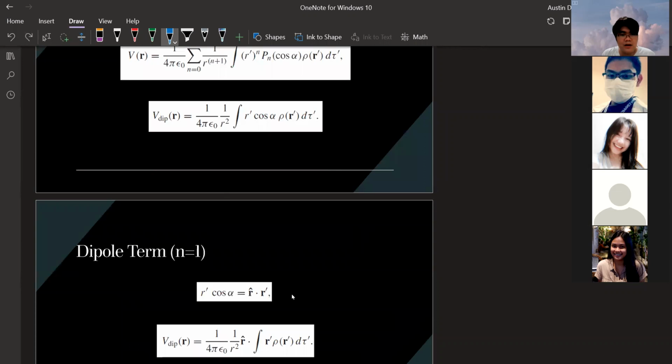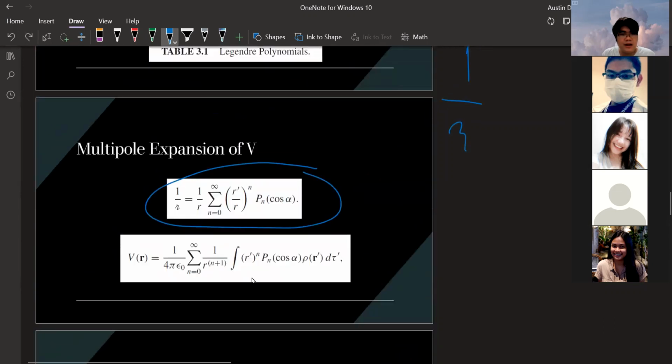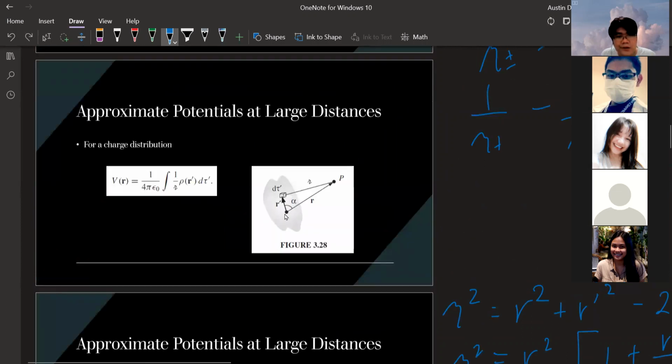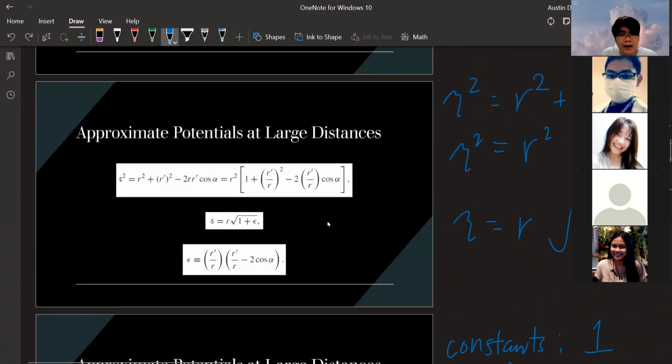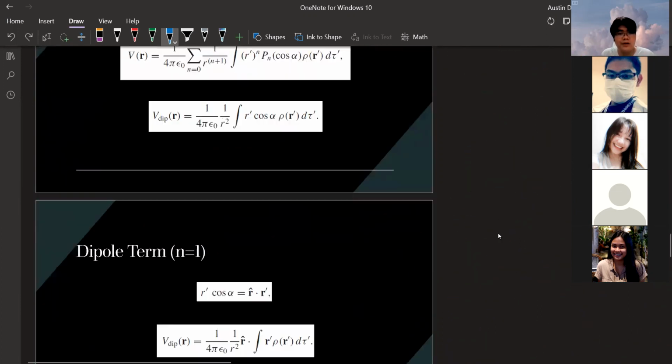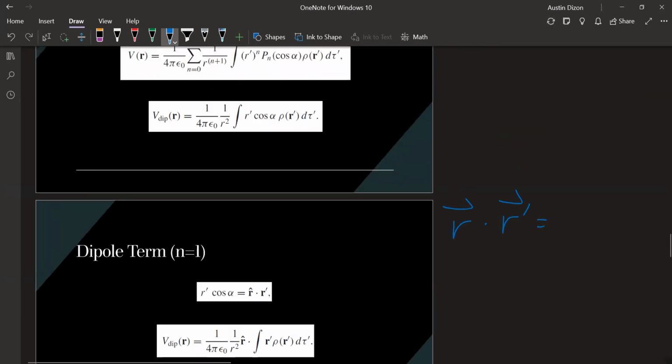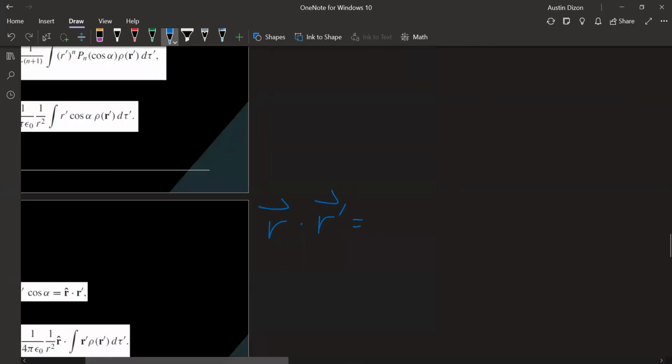The vector r prime and r are different. There is an angle alpha between them. Let's look at it. Let's go back to our graph. So this guy. The angle between r and r prime is alpha. So when we have r dotted with r prime, this is just actually r prime cosine alpha.